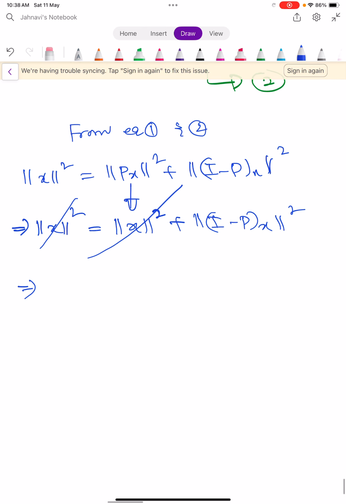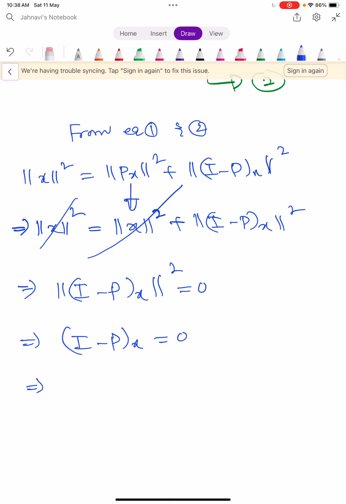You simply get norm (I minus P)x whole square = 0. So (I minus P)x = 0, which shows Ix minus Px = 0, which implies x minus Px = 0, which implies x = Px. That is the required condition.